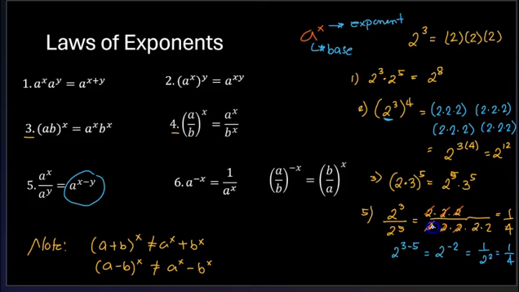Yes, because the higher exponent means you have more copies. If you have more copies, you'd have an extra on the numerator or denominator, whichever has more copies. Okay, so you can go directly here. You don't have to go through this process.